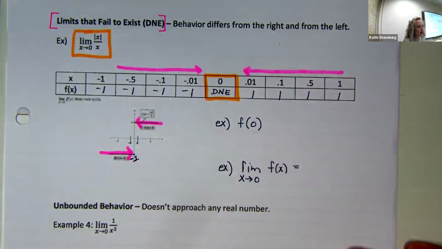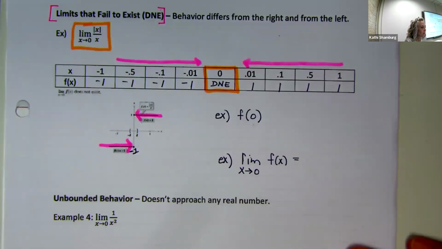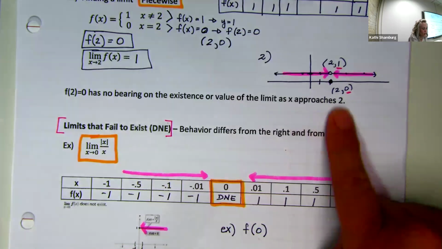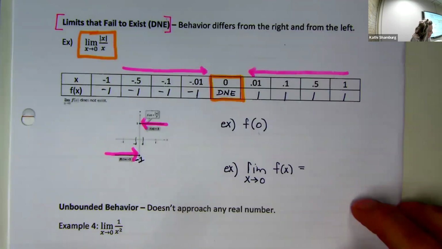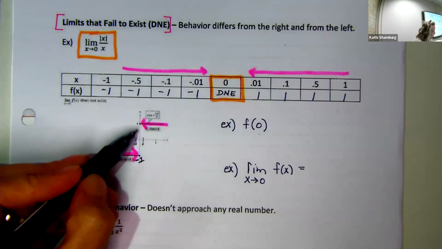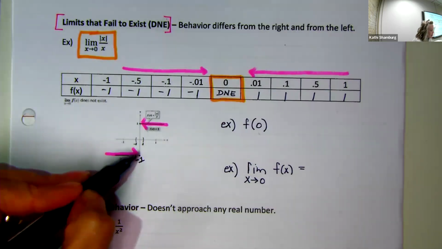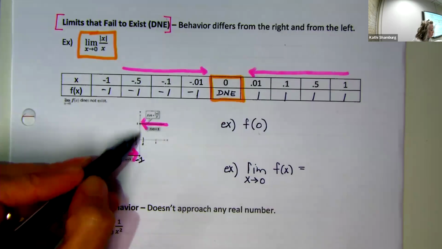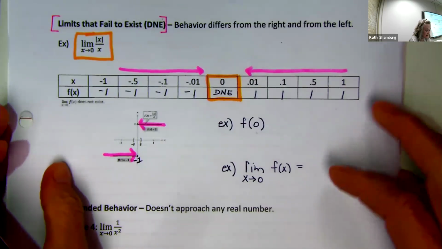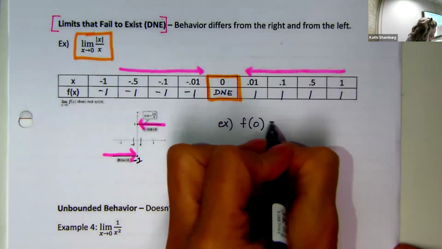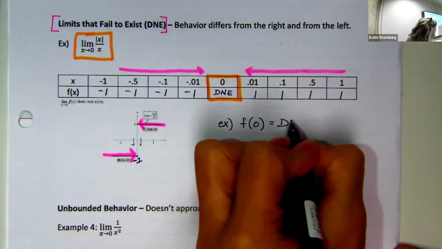These are two different questions. F at 0 was this ordered pair. So when x is 0, these are actually open circles. So we don't have an exact point at when x is 0. So this would be does not exist.